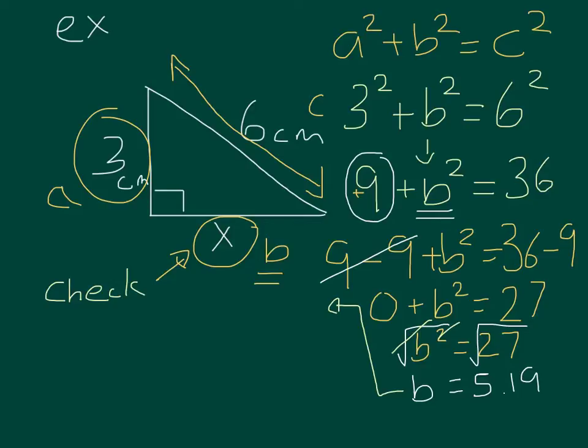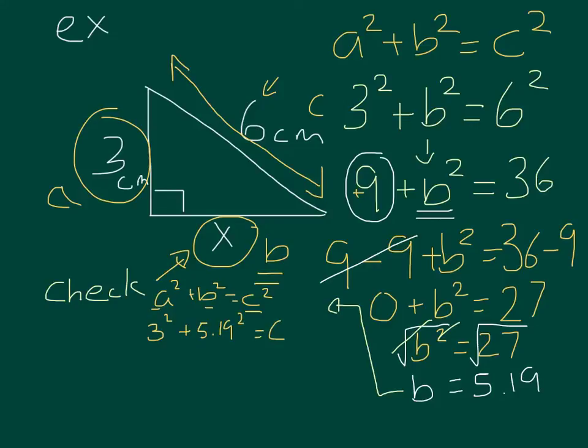So we go back to our original equation, and we know the original equation is a squared plus b squared equals c squared. This time we're only going to use the value of a and b, and we're going to see if the value of c ends up being the same as the value c up here. So, again, a squared, we know that a was 3 squared, plus we have a value of b, which is 5.19, and we're going to go ahead and square that.